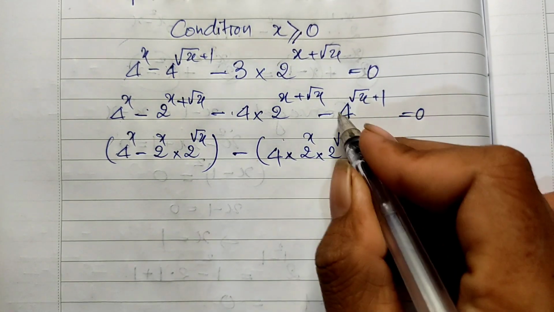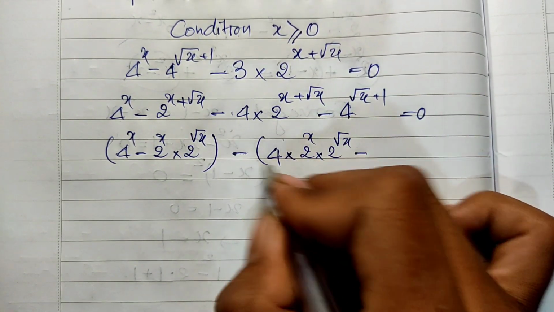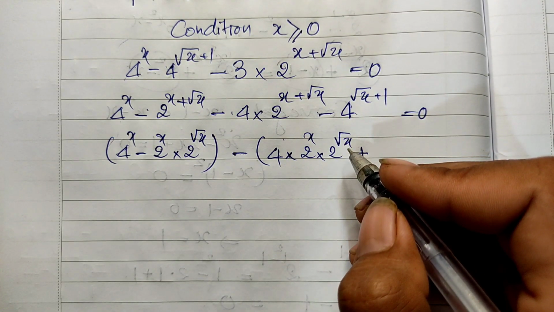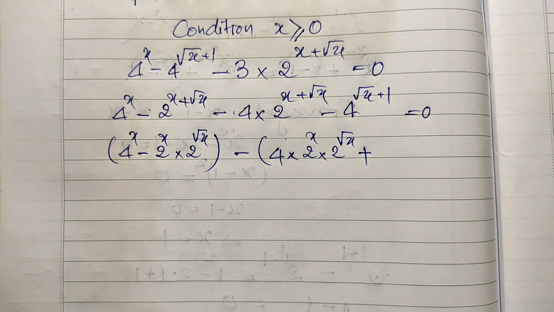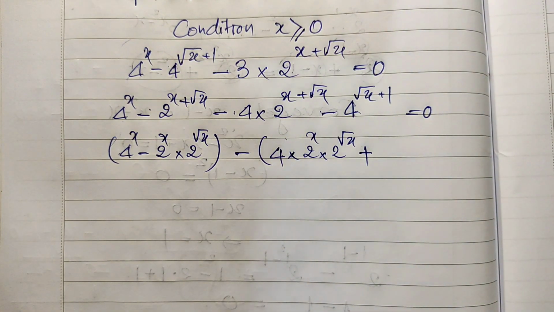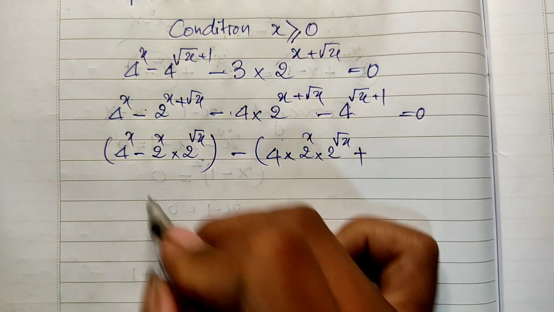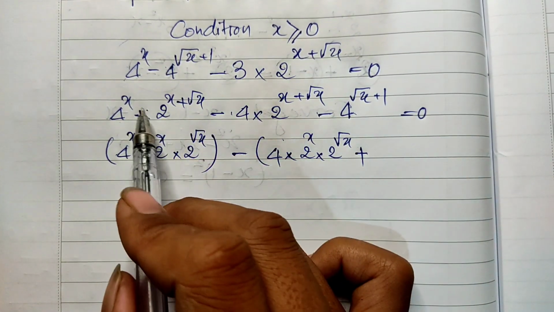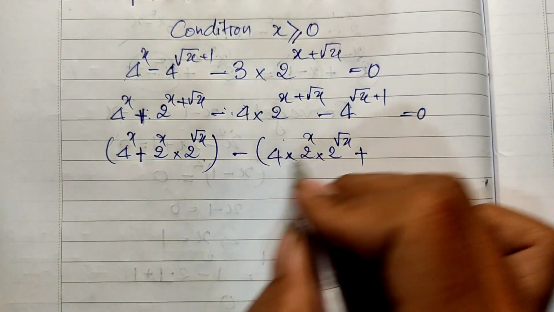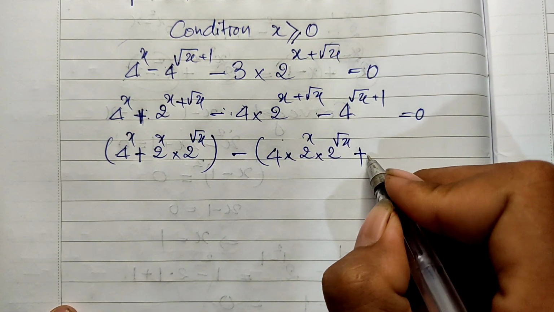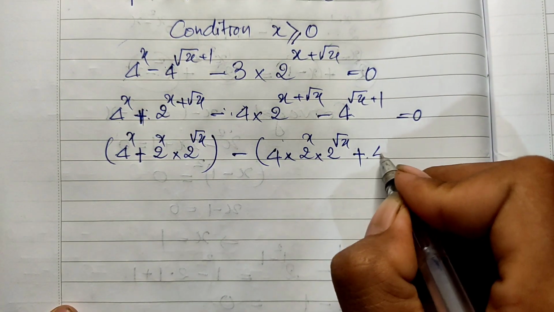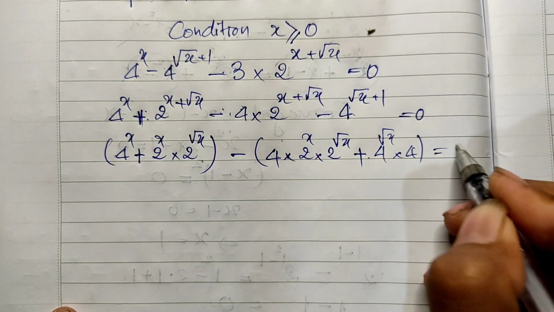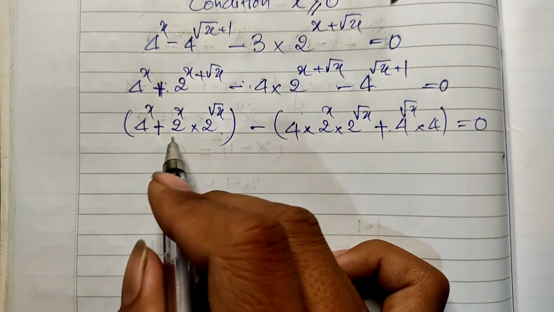And minus this, I group it, we get plus. Plus 1 minus 4, we get minus 3. And now this, I get plus 4 power square root of x, times 4, equals 0.